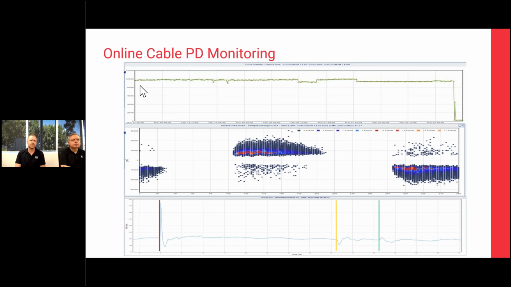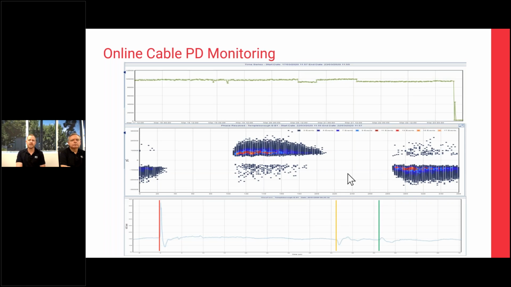We could see that PD was there over time. We could see the phase plot again, two clusters of activity 180 degrees apart, at similar levels of about 20,000 picocoulombs, and we could see the waveforms and get a distance to that PD, all of which lined up: there's PD in the joints and it's at these locations.